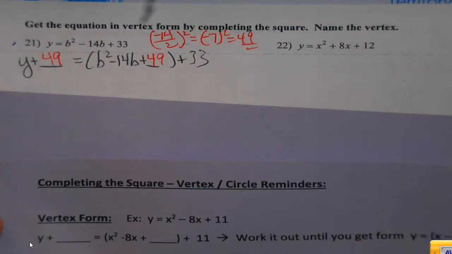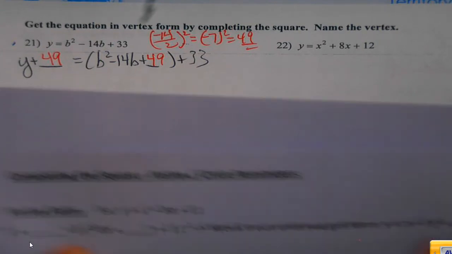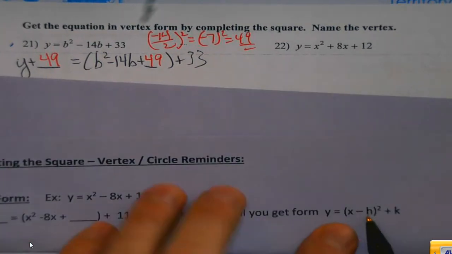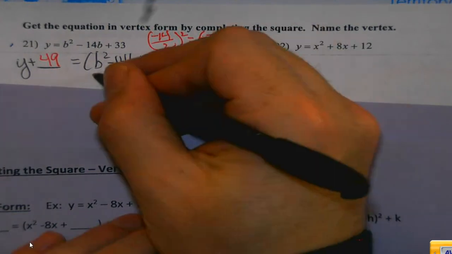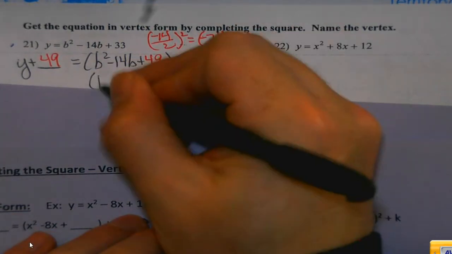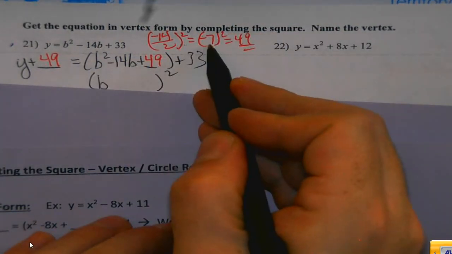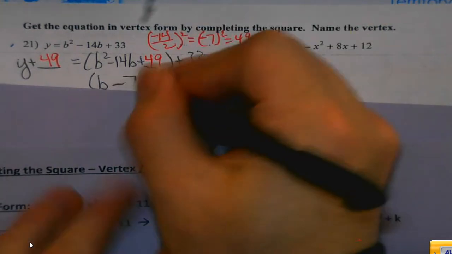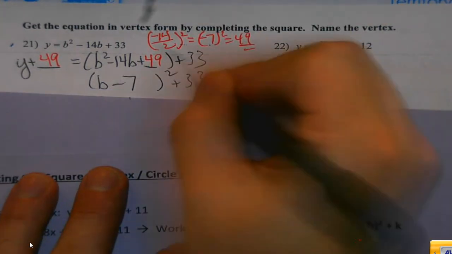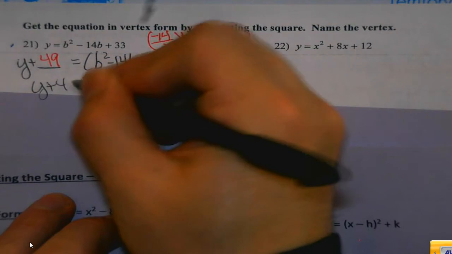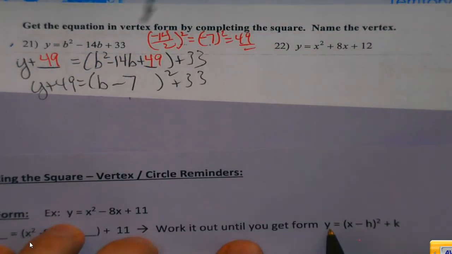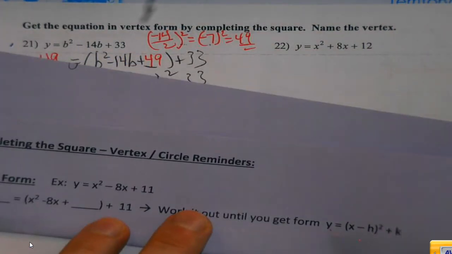But now, the form I'm trying to get to is vertex form. So I'm looking at this and I'm like, okay, so this has got to be squared. Oh yeah, it's just my half b. So then I look at it again and I'm like, ooh, but it's just plain old y equals.